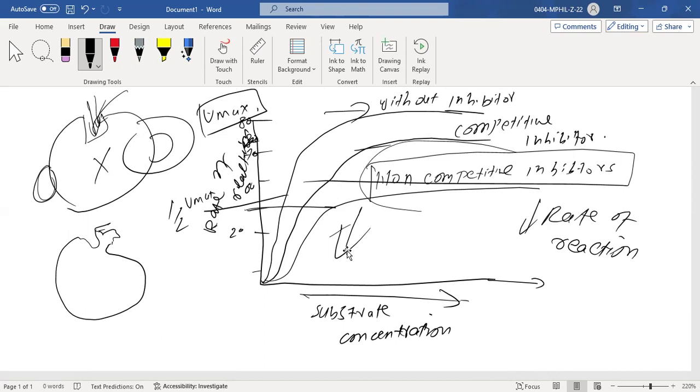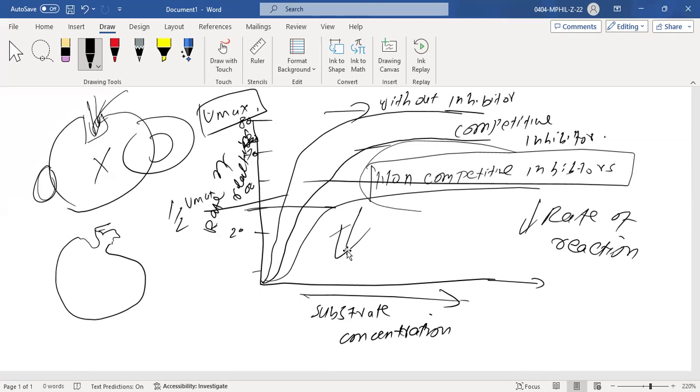But if you have some competitive inhibitors, then it means the substrate will fight for the active site, so the rate of reaction will be lower. In other words, if you have non-competitive inhibitors, there will be more competition there, and the rate of reaction will further decline. So this is how we have to understand.